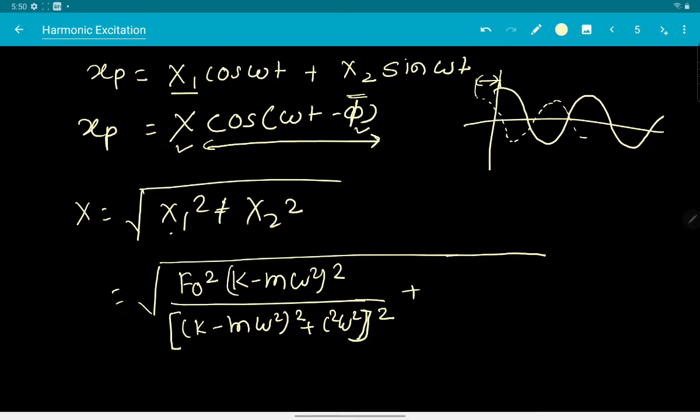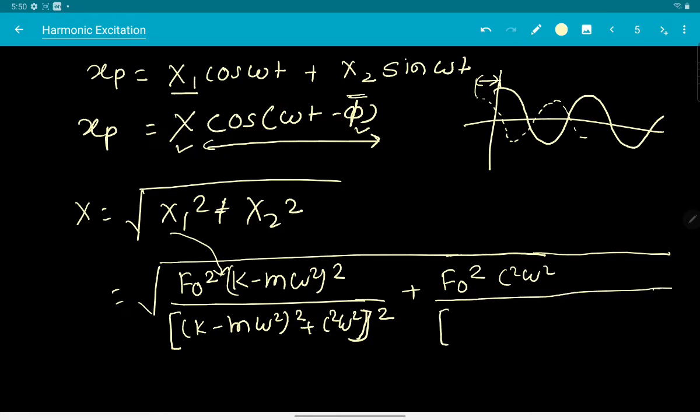Now I am going to write what x2 square is. That will be equal to f0 square times c square omega square divided by, again, the square of something inside this bracket, and that something is the same stuff, (k minus m omega square) square plus c square omega square.